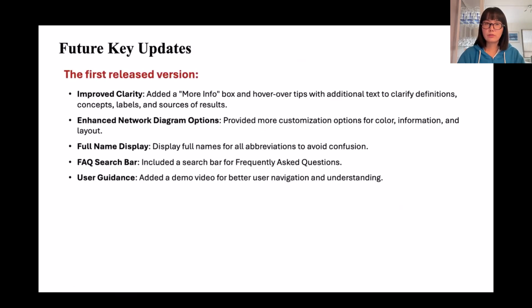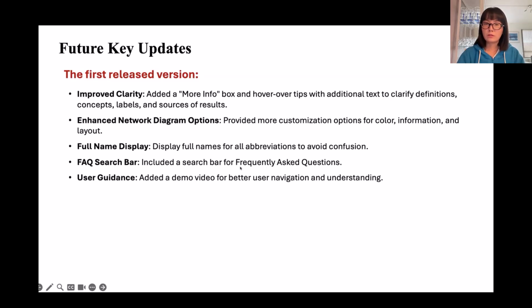So for the first release version, we will also add more information boxes and hover over tips with additional text to clarify some definitions, concepts, etc. And we will also include more customization options, like you saw in Anime Studio, to give you more options to customize the network diagram. And in this version, we only display the abbreviations, but in the released version, we will also put the full names of the abbreviations in the knowledge translation tool.